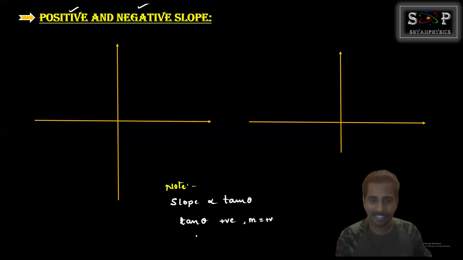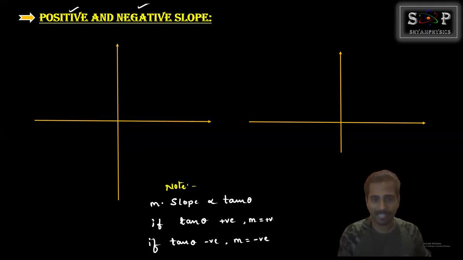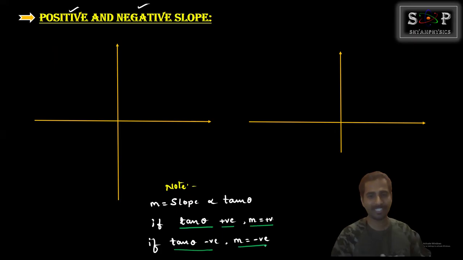If tan theta is negative, then m, that is slope, is negative. M stands for slope. So if tan theta is positive, slope is also positive. If tan theta is negative, slope is also negative. Clear?